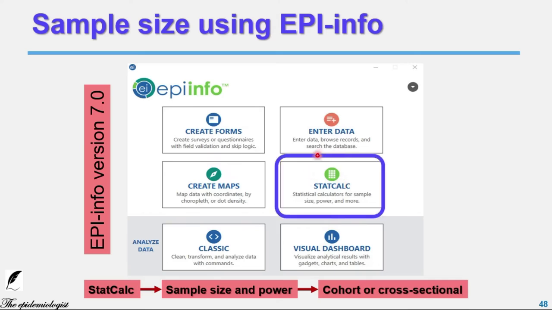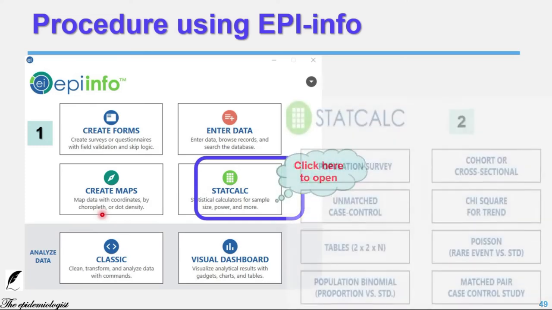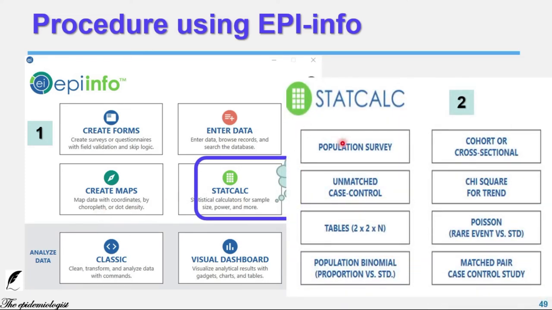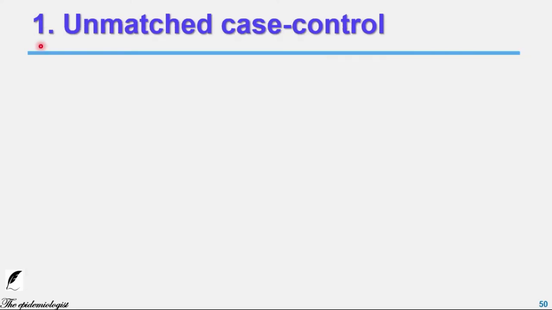The StatCalc is used for statistical calculators for sample size, power, and tables. By clicking on the StatCalc, we can find the different functions: population survey for descriptive designs, cohort or cross-sectional for comparative designs using the outcome as an estimate, and unmatched case control for comparative designs using exposure as an estimate. These are parts used for sample size determination. The first thing, here, is unmatched case control.